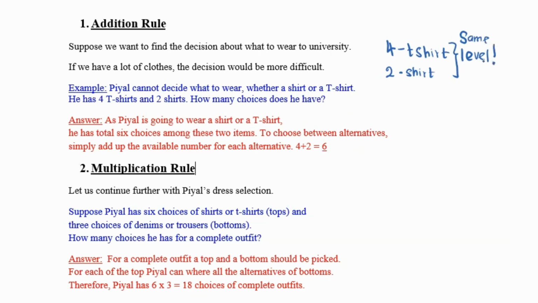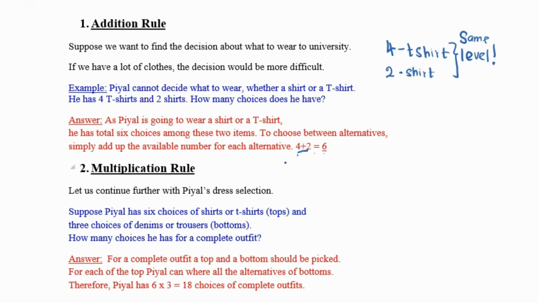What do I mean by the same level? It means they can't wear both the t-shirt and the shirt together. Well, that would be weird, right? So it could either be a t-shirt or a shirt, which makes all these options on the same level. So he has a total of 6 choices, because there are 4 t-shirts and 2 shirts. And that's how you do the basic counting when it comes to the addition rule.